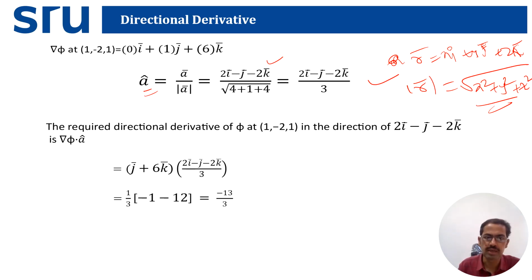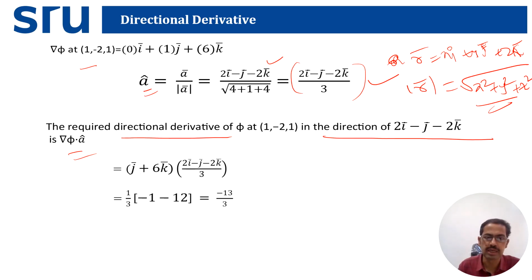Now the required directional derivative at (1, -2, 1) in the direction of 2i bar minus j bar minus 2k bar is del phi dot a cap. a cap is 2i bar minus j bar minus 2k bar over 3.